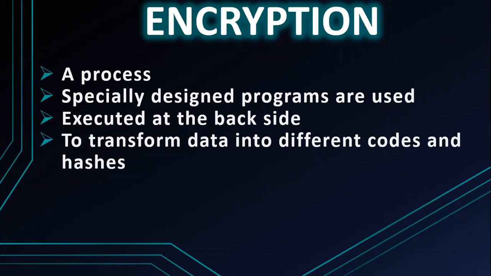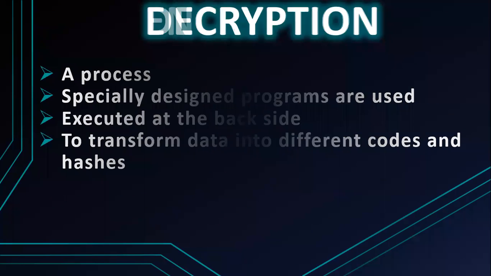This process is called encryption. The data that we are going to send or receive from the other person will be transformed into unreadable form, so it will be useless for the hackers or intruders.